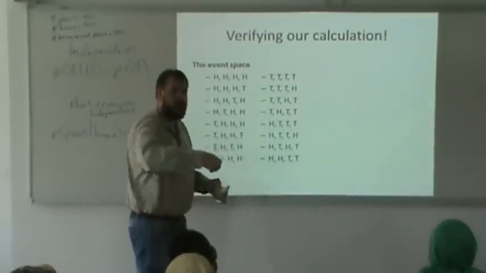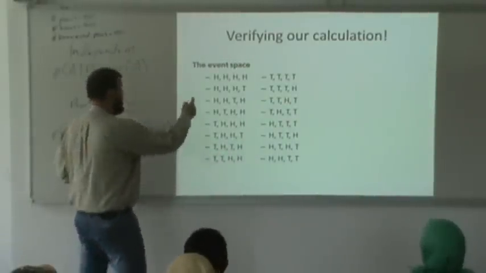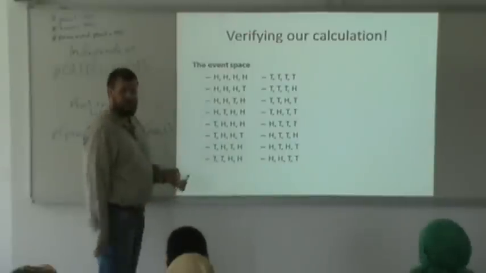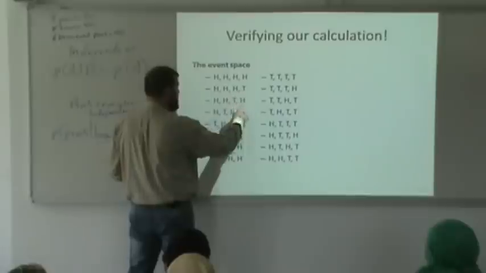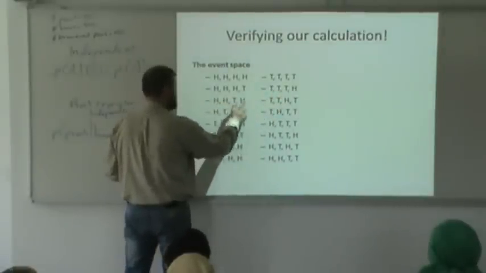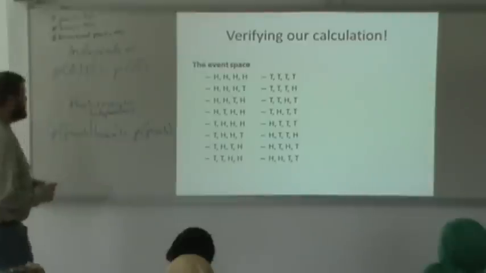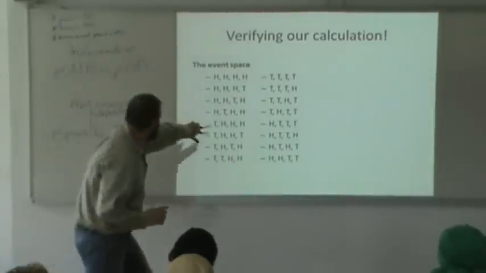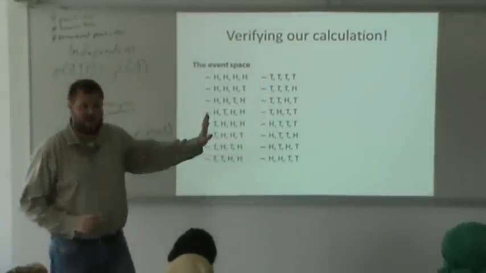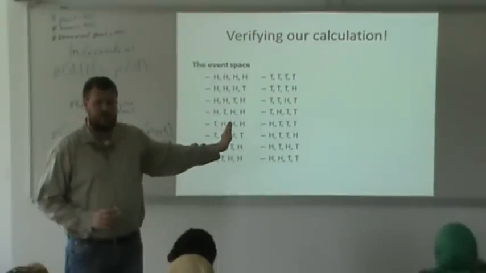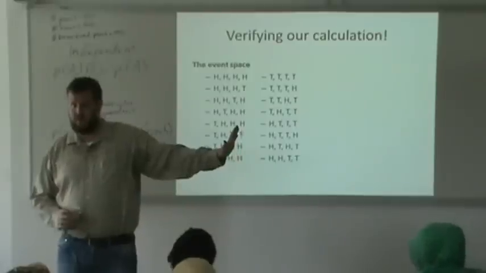In four coin flips, we could observe 4 heads, we could observe 4 tails, we could observe head, head, head, tails, tails, tails, tails, head, head, head, tails, head, tails, tails, head, tails, and so on and so forth, right? So there are 2, 4, 6, 8, 16 different possibilities. 16 different events. Does that make sense to everyone?